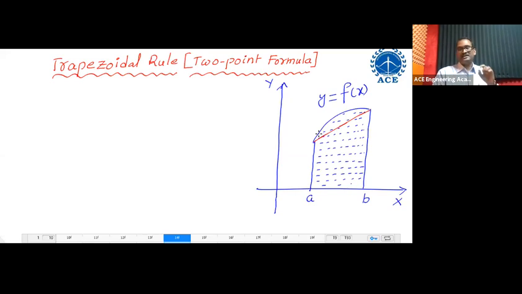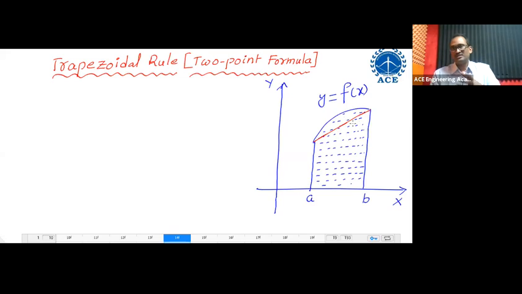Instead of finding the area under the curve, we just find the area under the straight line, because the area under the curve we don't know, but the area under the straight line represents a trapezium.